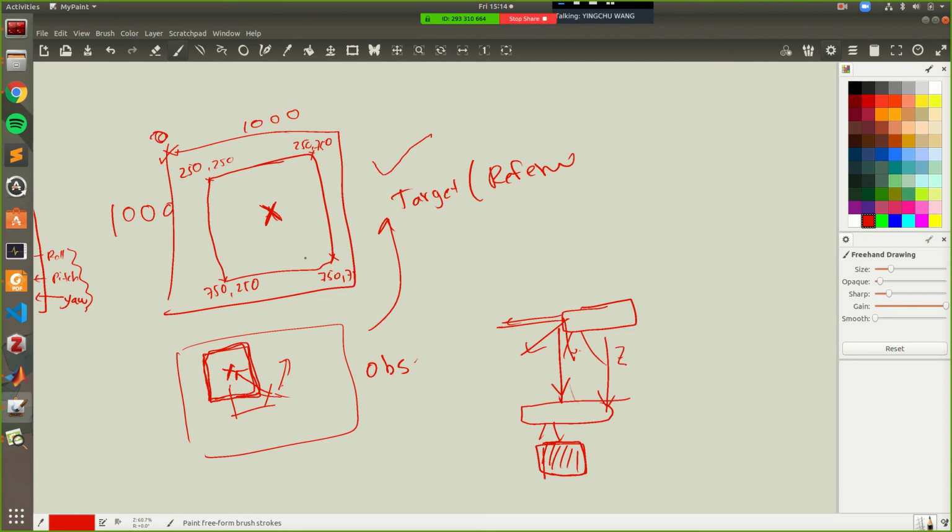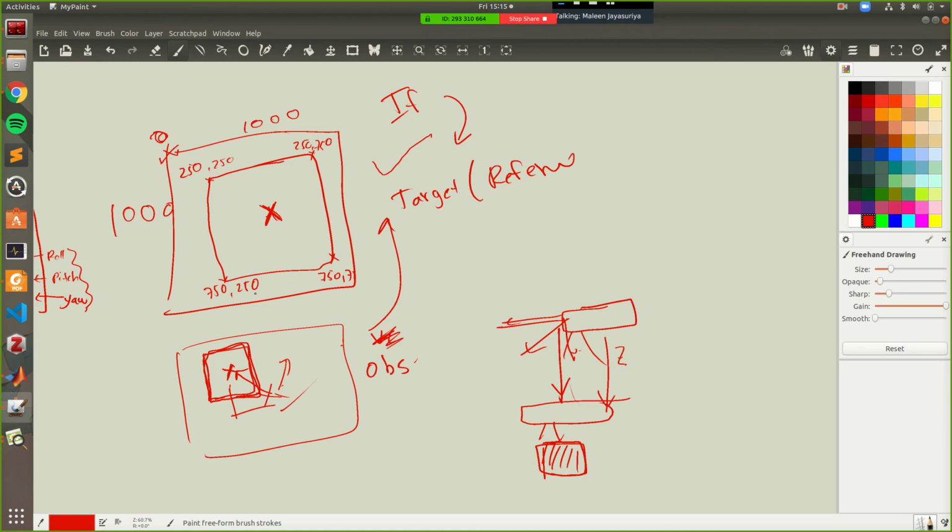Do we know the time? What's the movement time? No, all we've calculated is the velocity that we need to apply from this point to this point. We haven't actually done this yet. We are just calculating, if this is my target, what should the velocity of the robot be to get it from here to here?